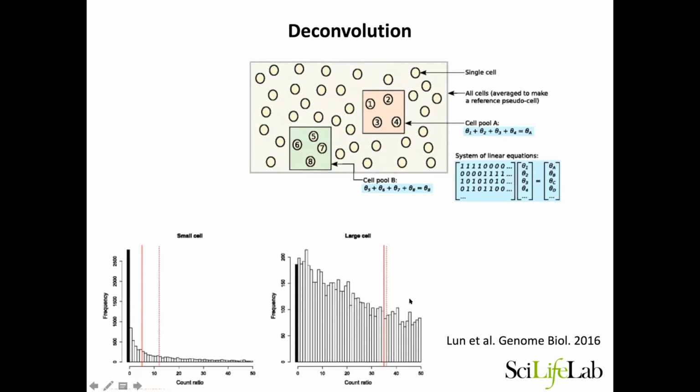And actually, here is just an example, especially for small cells. Here is, I think, the true median, and this is the shifted median that they estimate from this deconvolution.